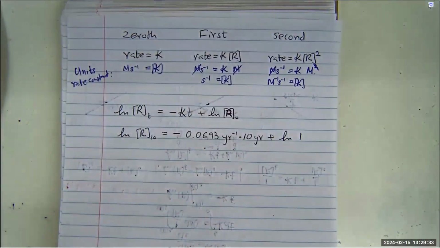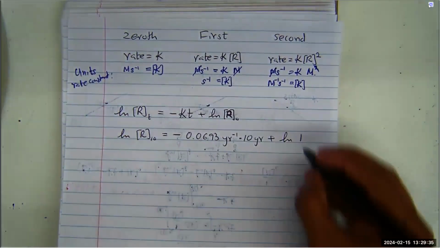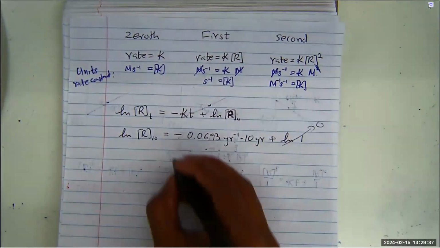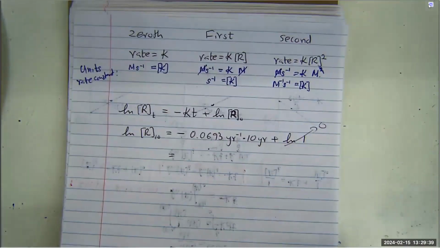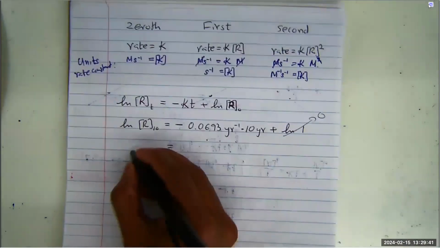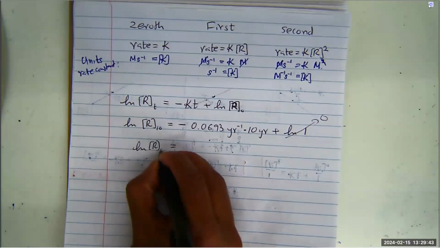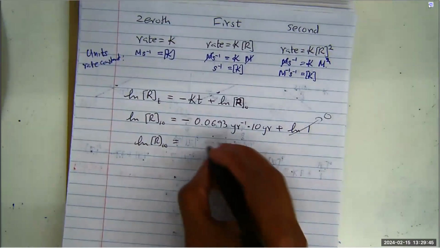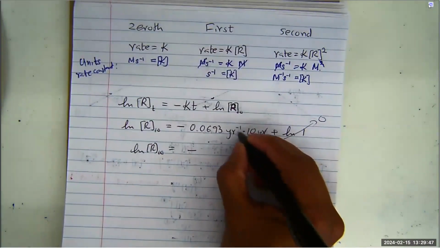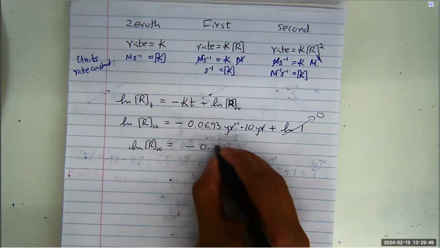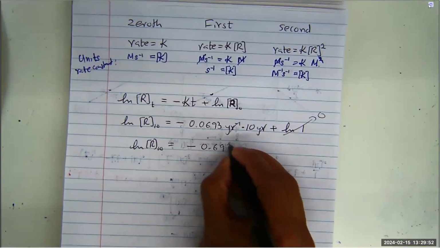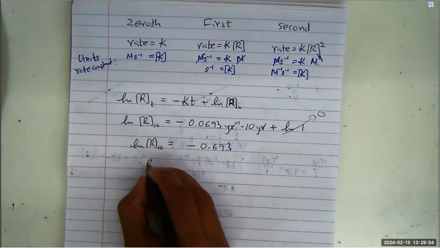The natural log of 1 is 0. Therefore, this value should be equal to minus, years cancel out, minus 0.693.